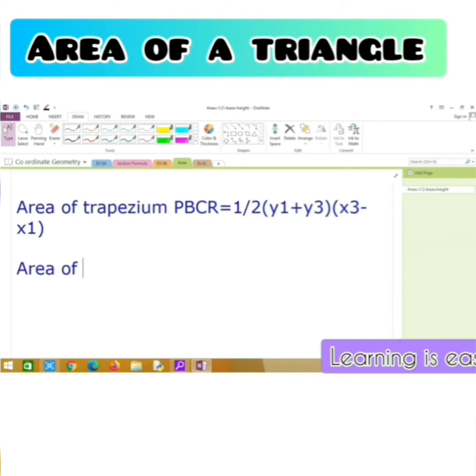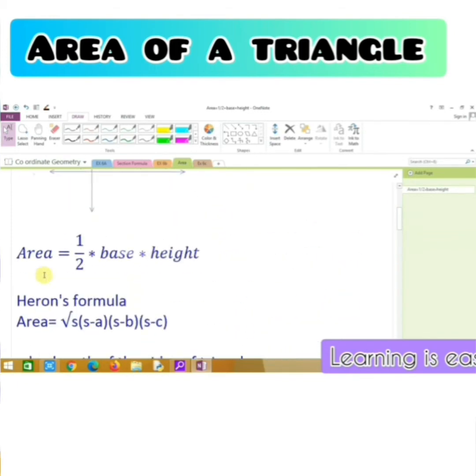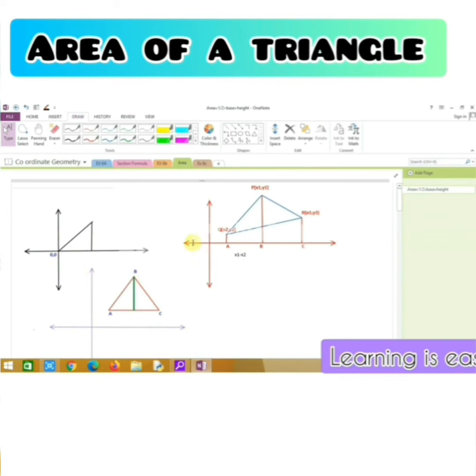Area of the trapezium QACR is half into y2 plus y3 into the distance between those two sides, that's x3 minus x2. So we got the areas of three different trapeziums.